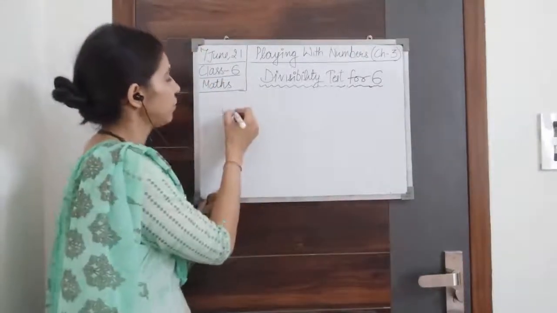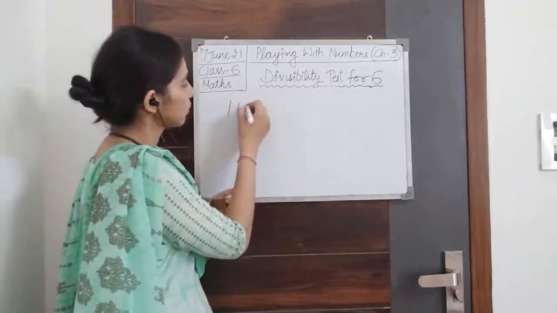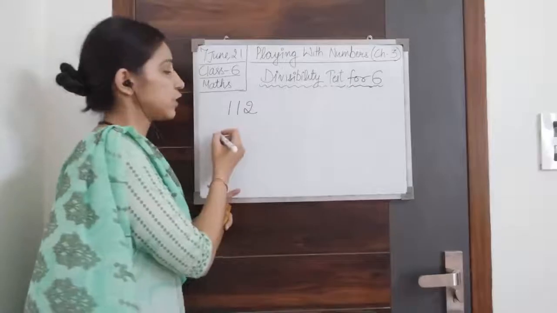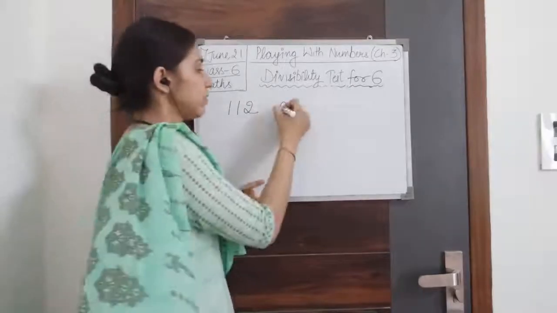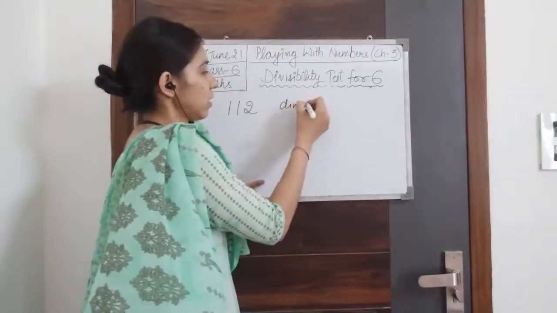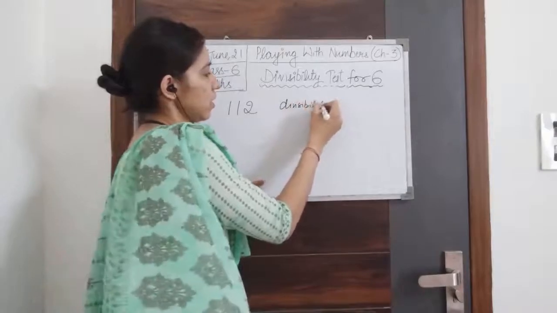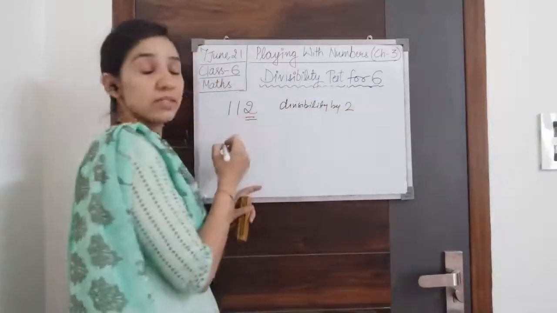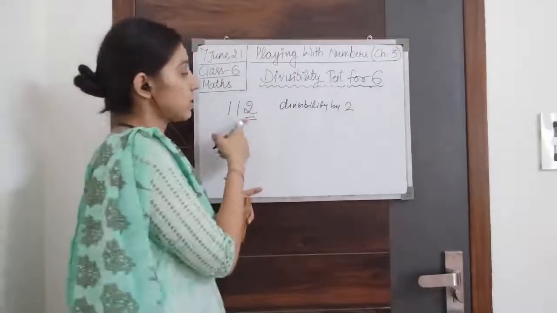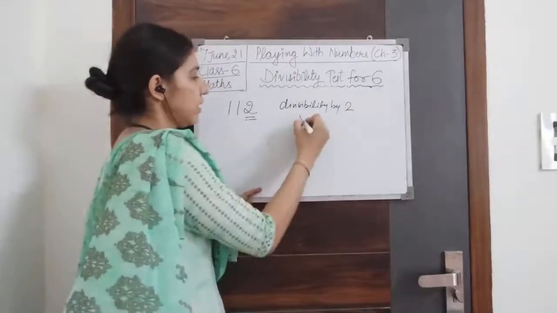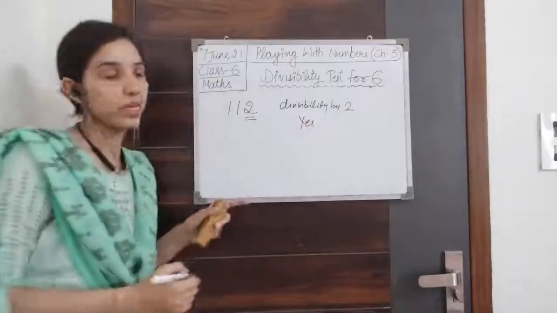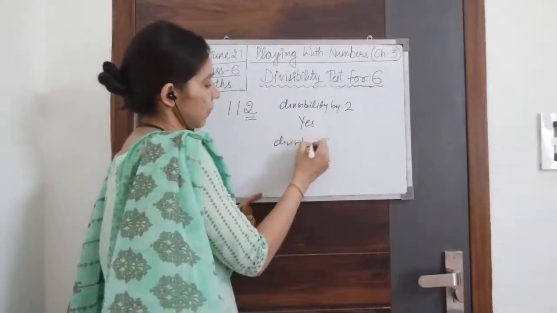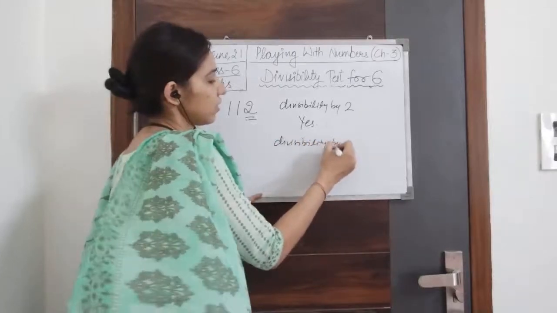Suppose we will take another example. Suppose we have 112. So we will check divisibility by 2 first. Divisibility by 2. ठीक है. इसमें देखो last digit is 2, once digit is 2, it means it is true. ठीक है. Now we'll check divisibility by 3.